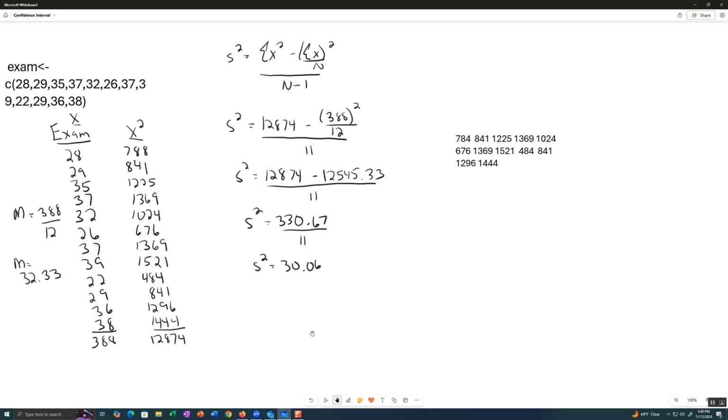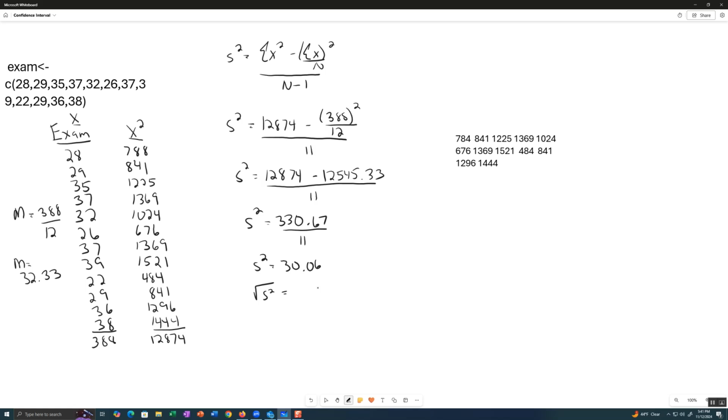Okay, so that's our variance, and whenever I'm rounding numbers, there could be a mistake, a little bit of a difference. So now take the square root of s squared to find the standard deviation.